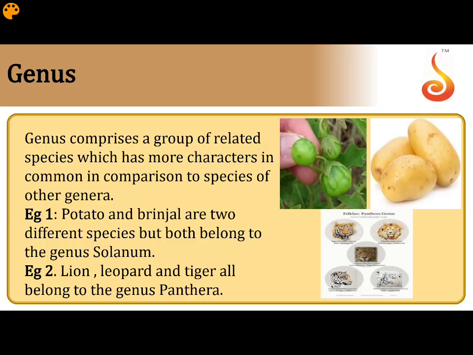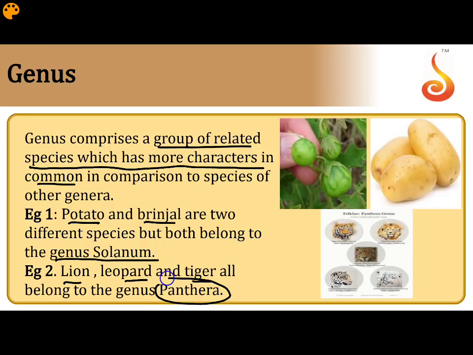A group of related species which has more characters in common is called a genus, plural genera. Let us take an example. Potato and brinjal both come under the genus Solanum. Lion, leopard, tiger, all of these come under the genus Panthera.